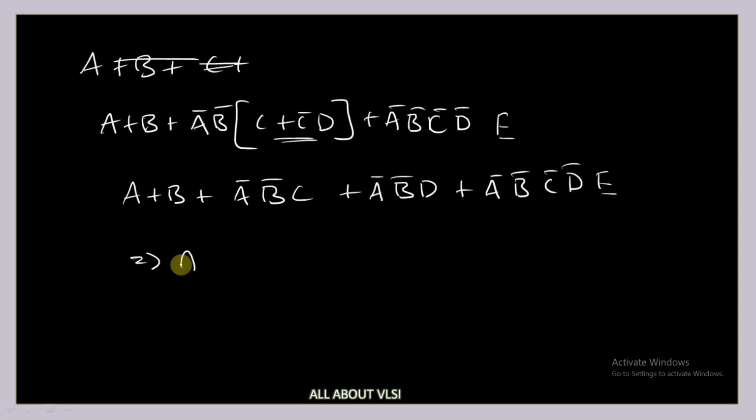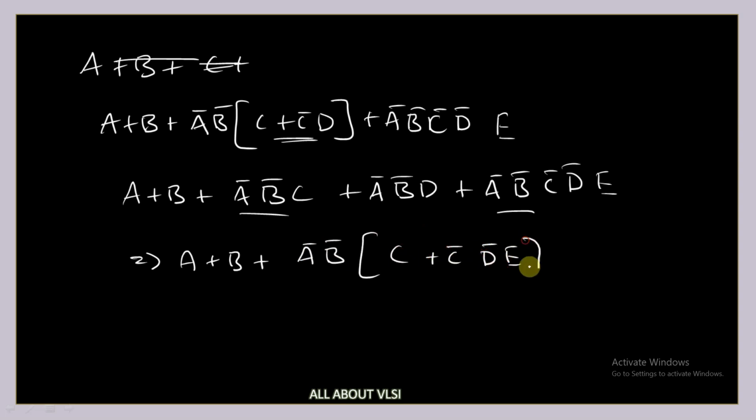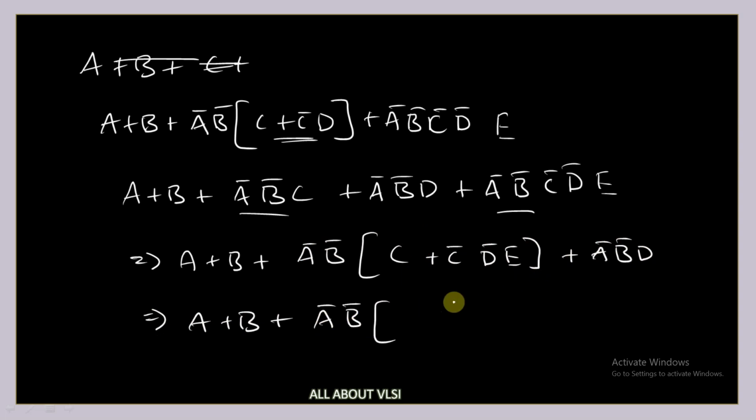Now, if I take a̅b̅ common in these two terms, then a + b + a̅b̅ into (c + c̅d̅e + d). So what I'm going to get: a + b + a̅b̅ into (c + c̅d̅e) is nothing but (c + d̅e), plus a̅b̅d.